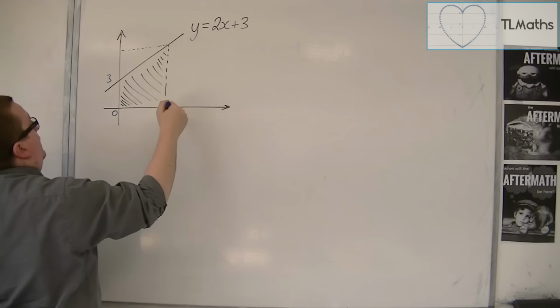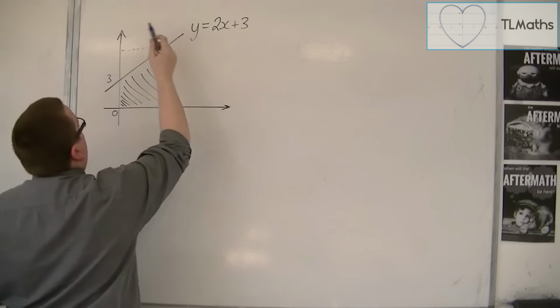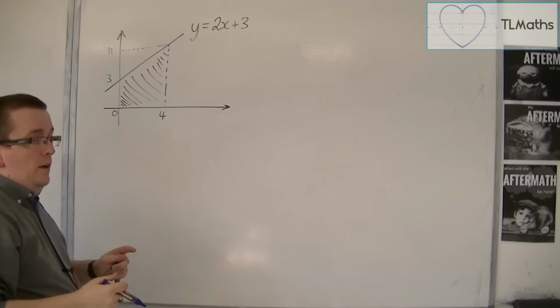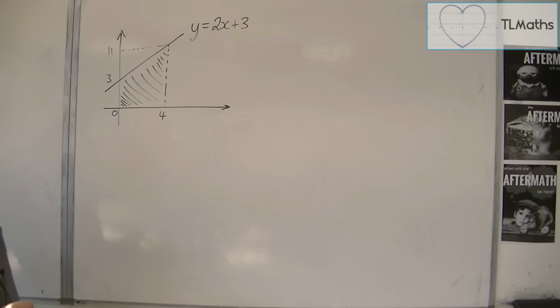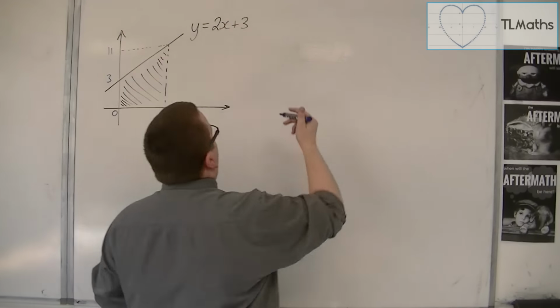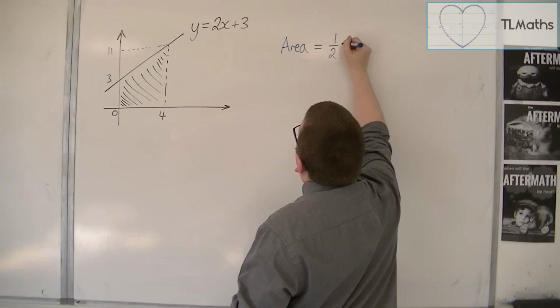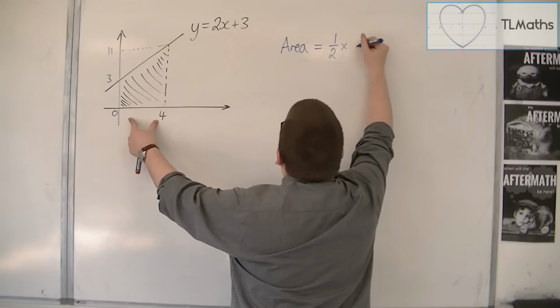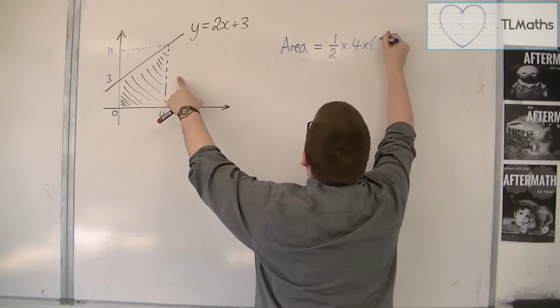Okay, so that's when x is 4, so I get 2 lots of 4 plus 3, which is 11. So I know the height of the trapezium. So the area of that trapezium is equal to 1/2 times by the width, so 4, times by 3 plus 11.